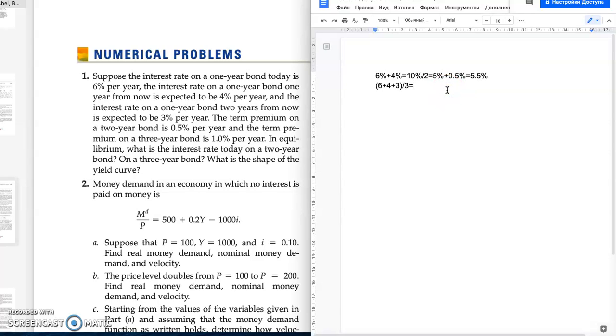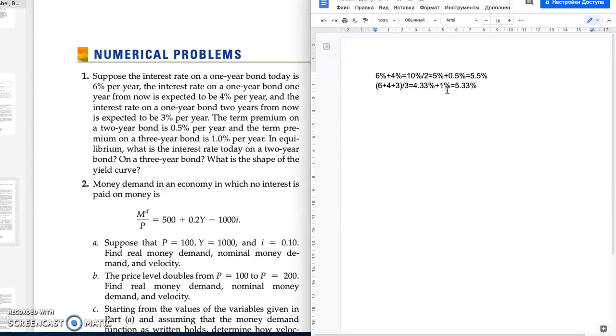This gives us 4.33%. And again, adding the risk premium for the 3-year bond, which is 1%, finally it will give us 5.33%. So the interest rate on the 3-year bond equals 5.33%.